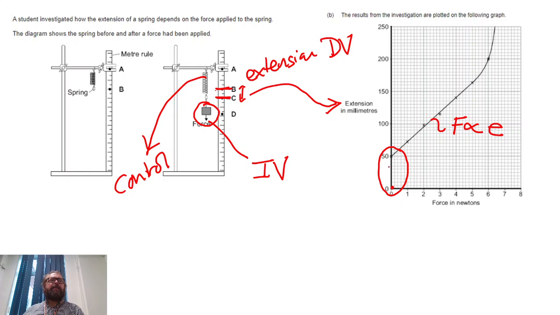The person making this measurement has made a mistake, and they've measured from the wrong point every time. So if your extension is out by 50 millimeters, effectively what's happened is they've measured the length of the spring plus the extension. So at load 0, the spring was 50 millimeters long, but this line should be here.